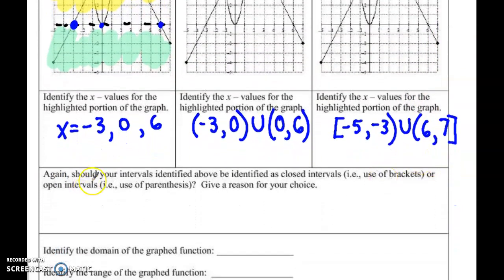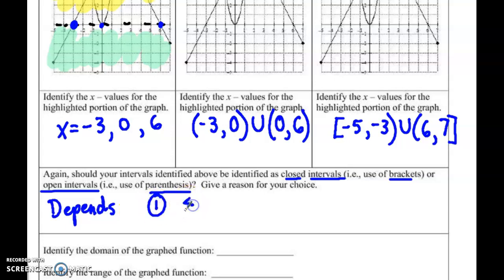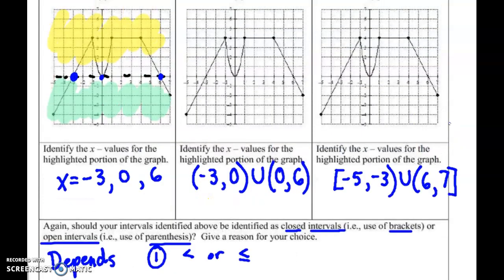It's really the same question here, except this time I'm not giving you the option. Should you use brackets, a closed interval, or parentheses, the open interval? That depends on a couple different things. For one, is it less than or is it less than or equal to? Because if I made this problem less than or equal to, you better include x equals 0 here as well.